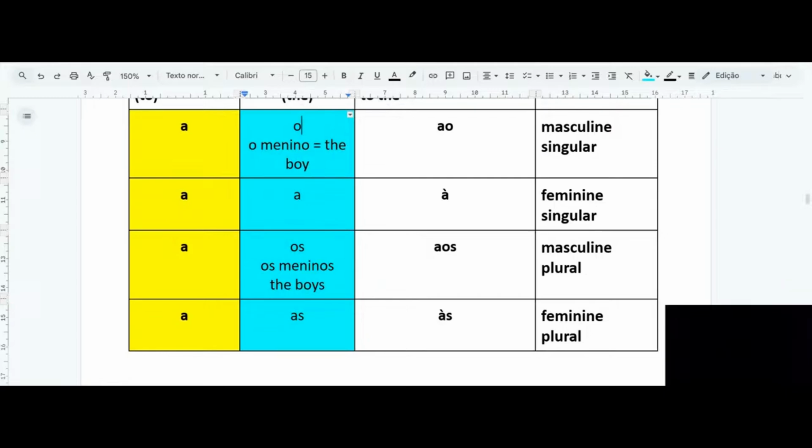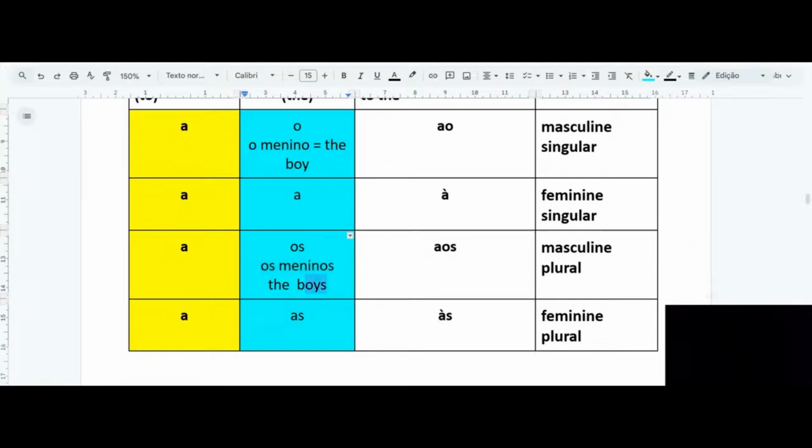So if we are to translate it literally, let's pick some logic which is not meaningful, but in English, if you want to translate this, the boys, it will be "thes boys" because you added "s" to each of them, okay? But in English, we call it the boys, while in Portuguese, "os meninos". The "os" will also be in the plural form, and the "meninos" will also be in the plural form, okay?